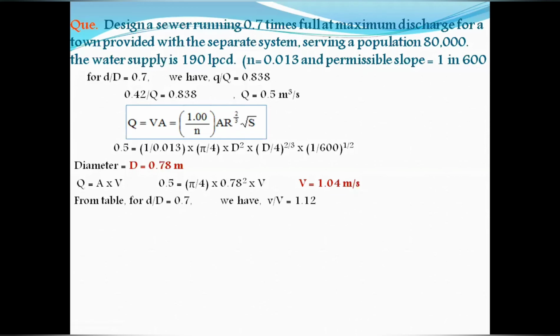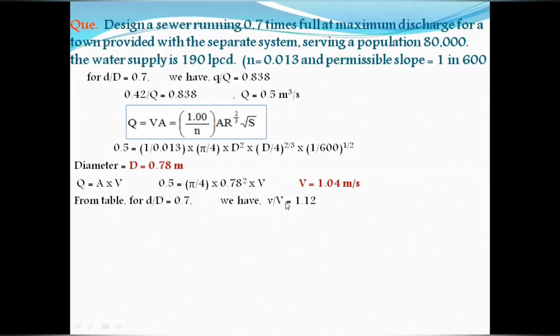Then from the table, for the value of small d by capital D as 0.7, we have the value of small v by capital V as 1.12. Small v indicates the velocity of sewage flow when the sewer is running 0.7 times full, and capital V is the velocity of sewage when the sewer is running full.